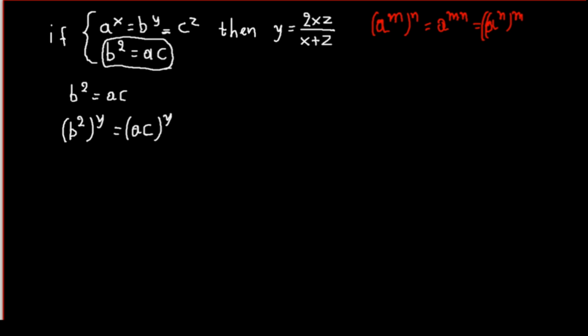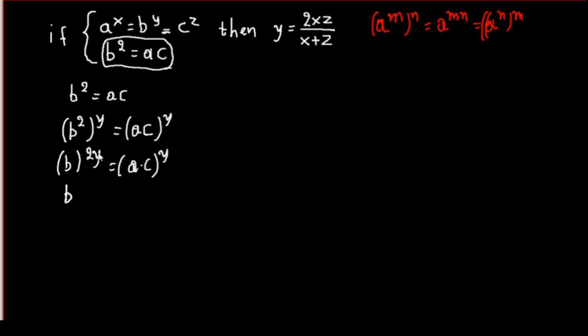So here we have that b, and all of this raised to the 2y, equals a times c and all of this raised to the power of y.